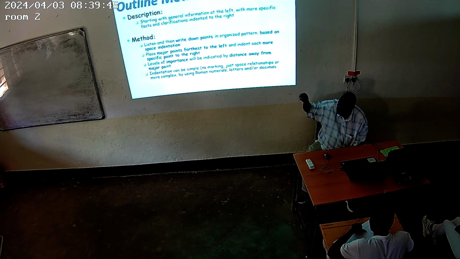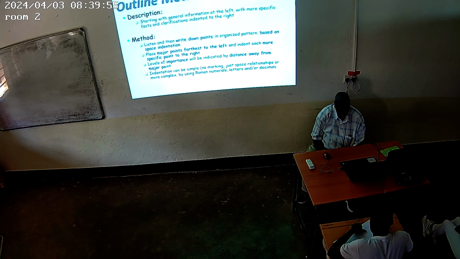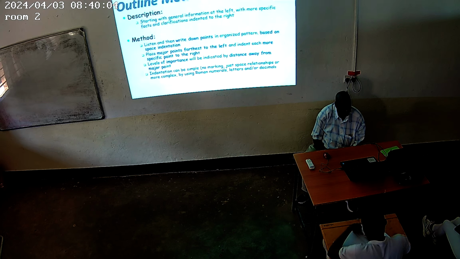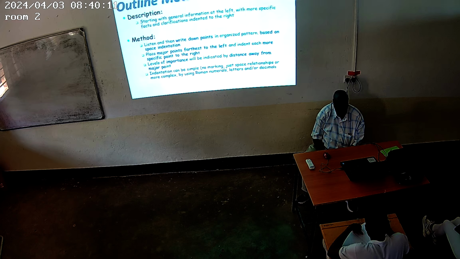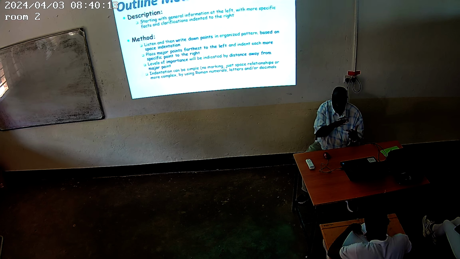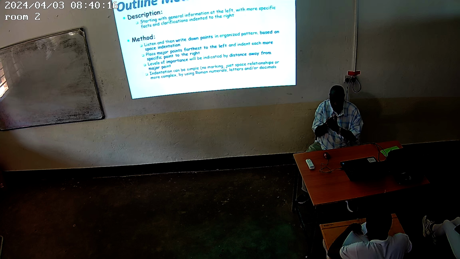If within that specific point there is another point, then you are indenting further, you put that point there, as we shall see in the next slide. Levels of importance will be indented by distance away from the major point. So the further the point is from the major point, it means that it is a sub point.